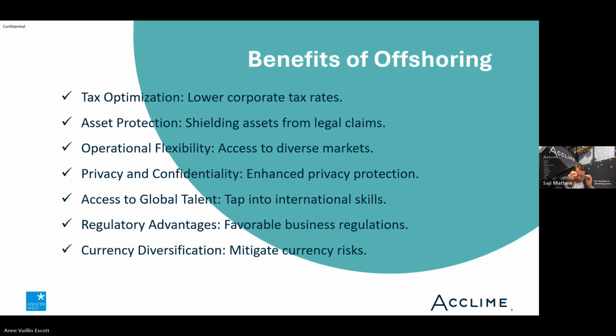We greatly see offshore entities being used as a holding vehicle to list in various capital markets. To give a simple example, in the Hong Kong market, half the listed entities are Cayman Island companies.